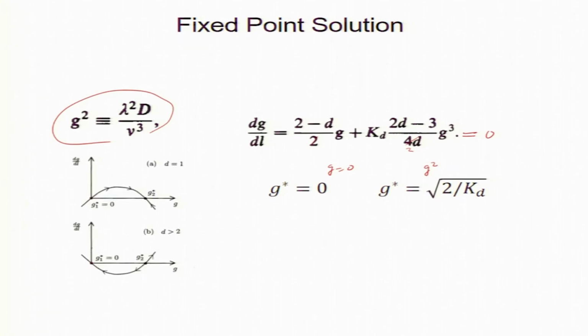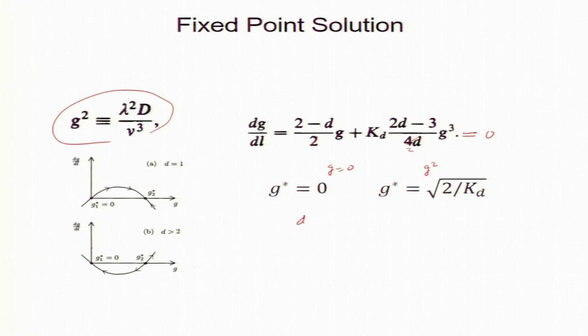Now, if I look at it graphically, it looks like this. We can do it for different d's. Now, for d equal to 1, you have to see which is the stable fixed point and which is the unstable fixed point. I did it for Wilson, and I want to save time because I want to start another topic. So, how do I check whether the fixed point is stable or not? I look at the slope near the fixed point.